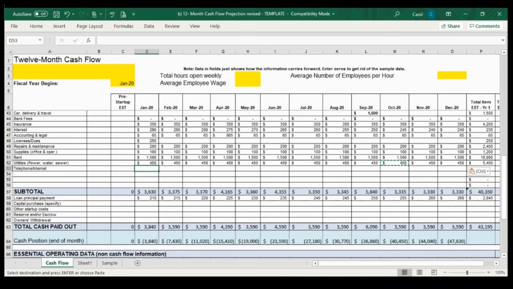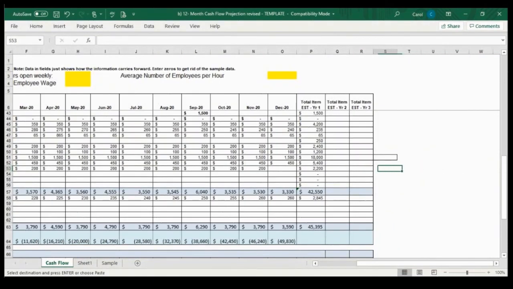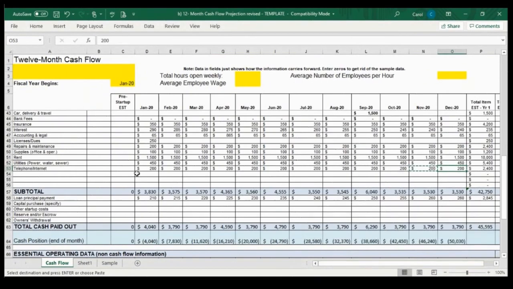Maybe you really have telephone, internet, and cable because you have a type of business that has a TV on in the waiting room. So let's say that between all of that you're going to spend $200 for telephone, internet, and maybe cable.